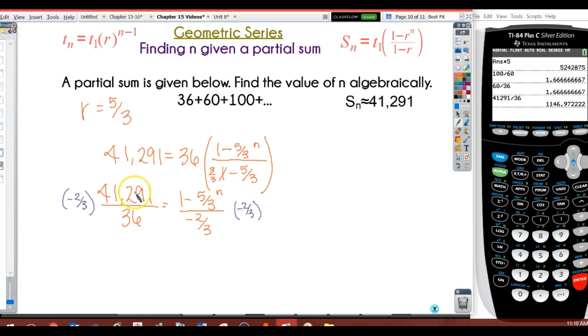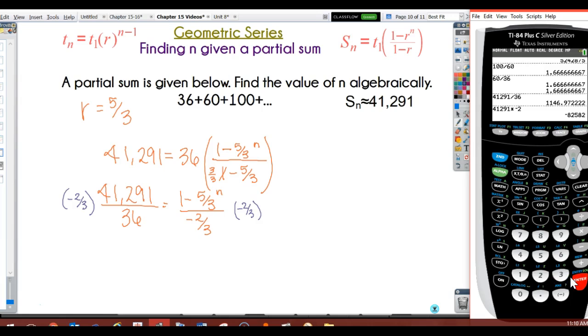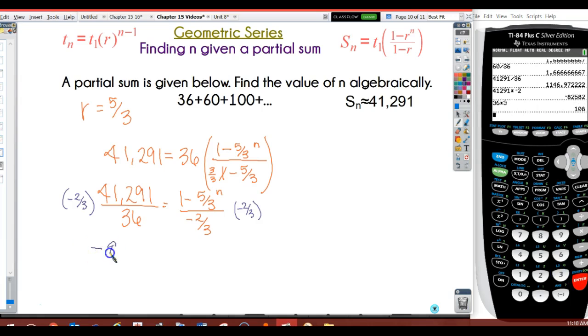So I'm going to multiply my numerator by negative 2, and I'm going to multiply my denominator by 3. And so I will end up getting negative 82,582 divided by 108 will be equal to 1 minus 5/3 to the nth power.